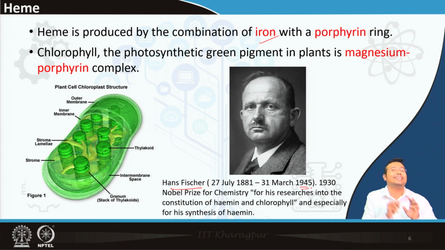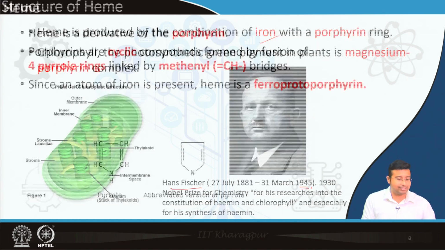He was so dedicated that he devoted his whole life to this, and his entire work in Germany was destroyed during the end days of World War II, and he committed suicide. It is a very sad story, but inspiring that he had already received the Nobel Prize, very vital in this context of our discussion.